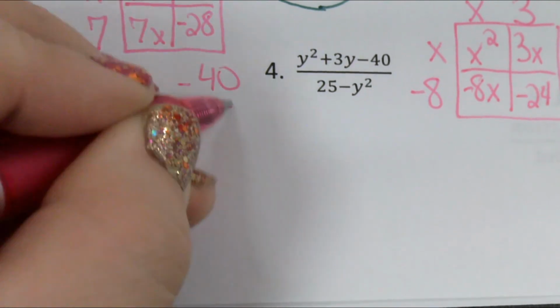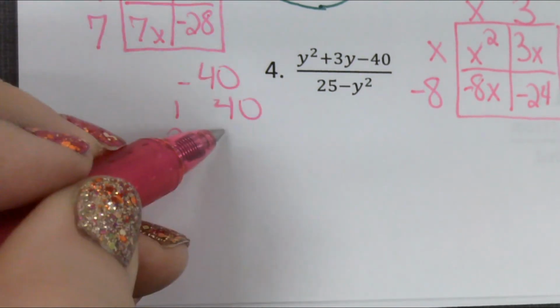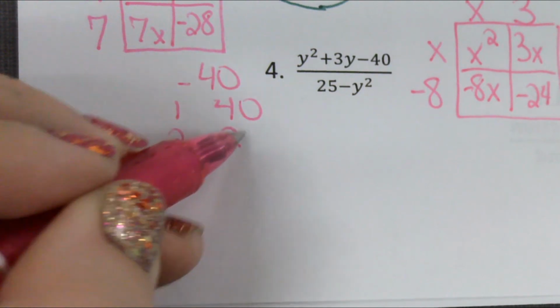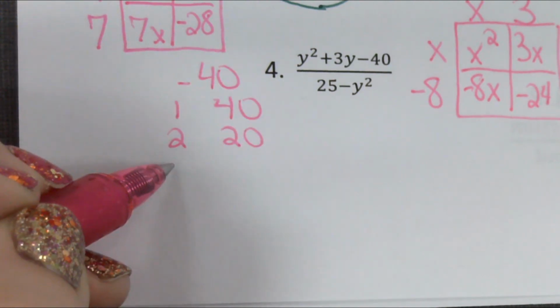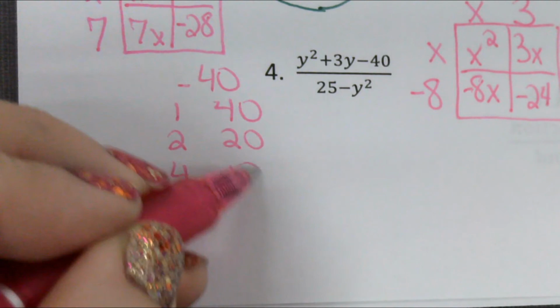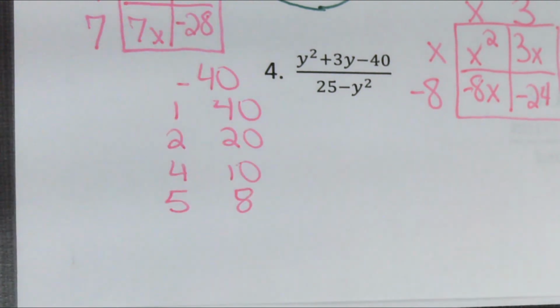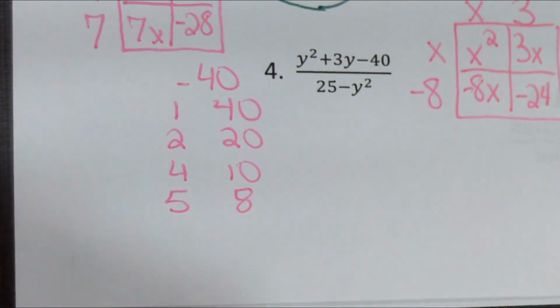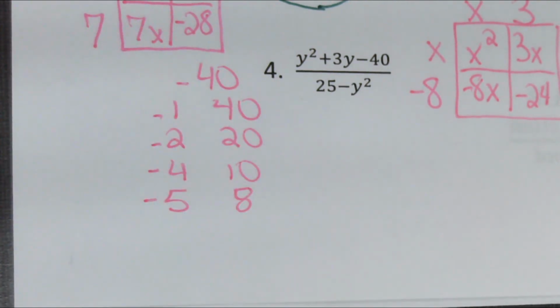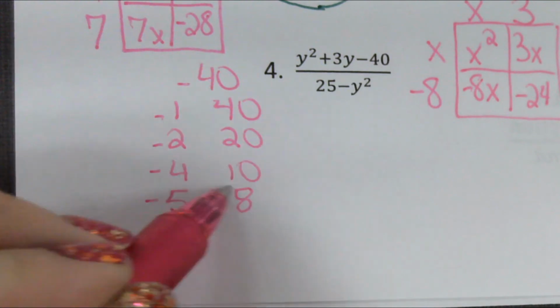Factors of negative 40 include 1 and 40, 2 and 20, 4 and 10, and then 5 and 8. Multiplying to be a negative means I'll need 1 plus 1 minus. Adding to be a positive will indicate that my smaller factor will be the negative factor. We'll include negative 5 and 8.